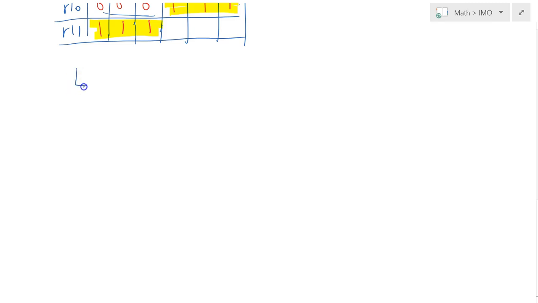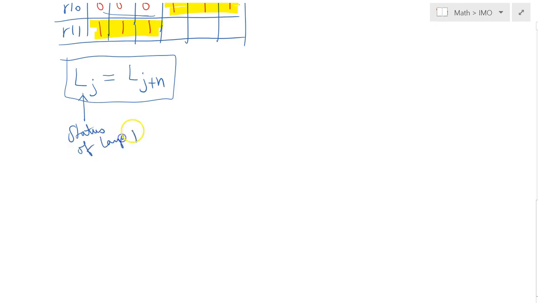So let's consider that we are operating on lamp L sub j, and we decided that L sub j and L sub j plus n would represent the same lamp. With this convention in mind, I would say that the status of lamp j is x sub j.